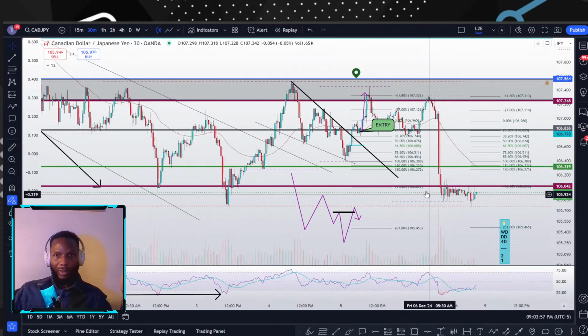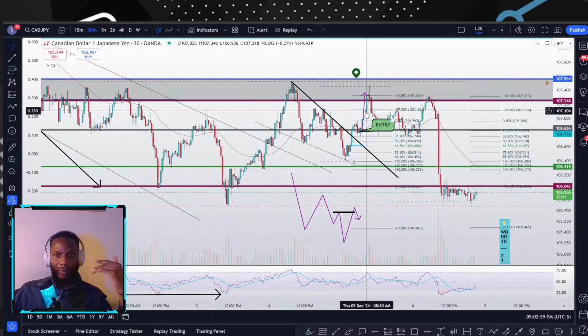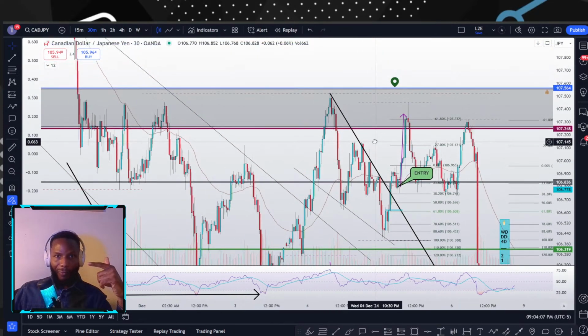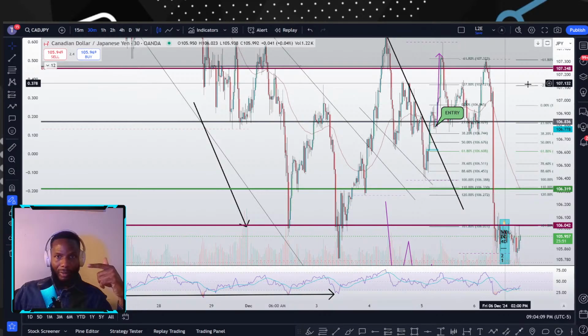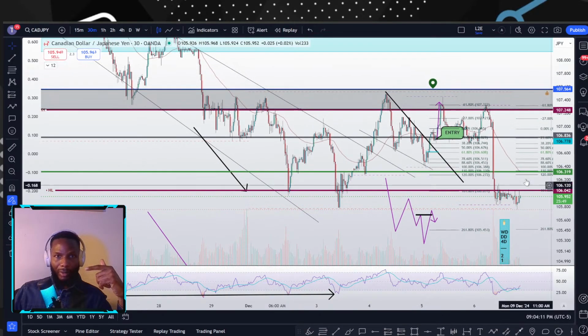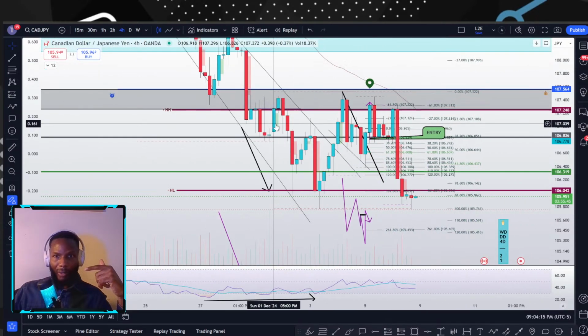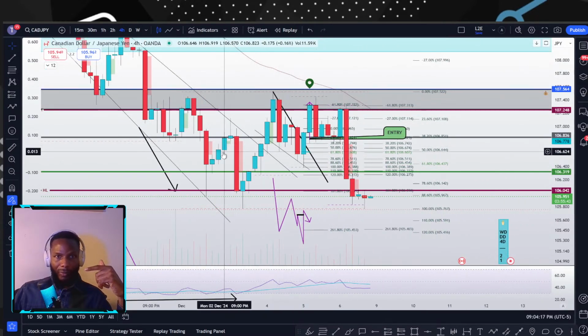So now I already know that the higher time frames are bearish. But now I also know that the 4 hour, let's go to the 4 hour and see if the 4 hour is bearish now. So that was the break up, and then we never got a higher high, but we got a lower low.